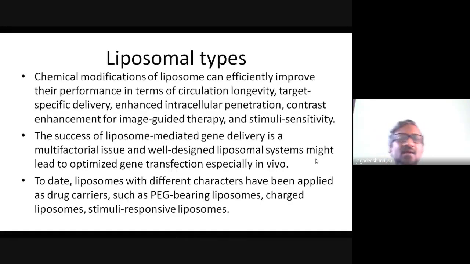One is PEG-bearing liposomes to bypass the reticuloendothelial system, and with charged liposomes we get a specificity on the surface. Even if that specificity is not managed, we have stimuli-responsive liposomes. Even in the stimuli-responsive ones, we have subtypes: stimuli of a pH, of a particular enzyme, of a chemical, or a charge variation, or oxidative and reductive principles.